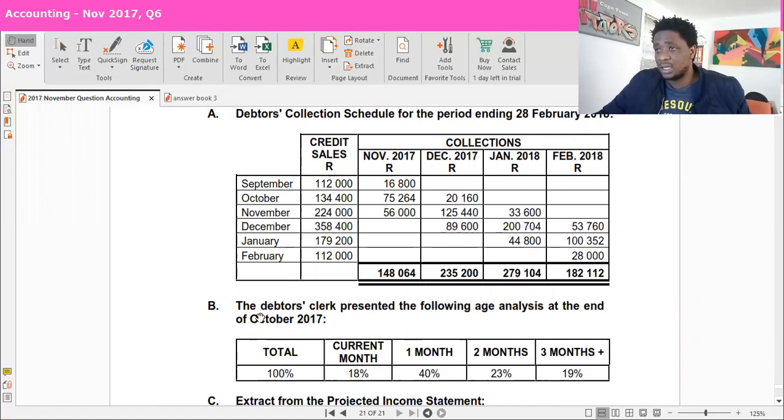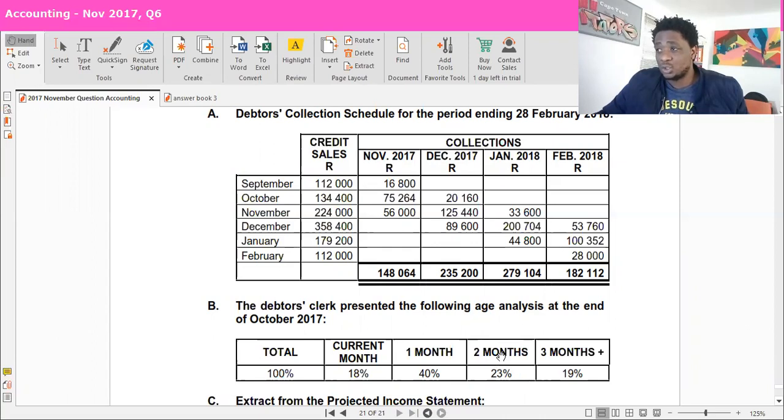They say, for example, we made sales in November 2017, and then 18% paid in the current month, and then 40% paid the month following the month of sales, and then the others are paying in 2 months and in 3 months. We know that the credit policy of the business is that you pay at the end of the month following the month of sales.